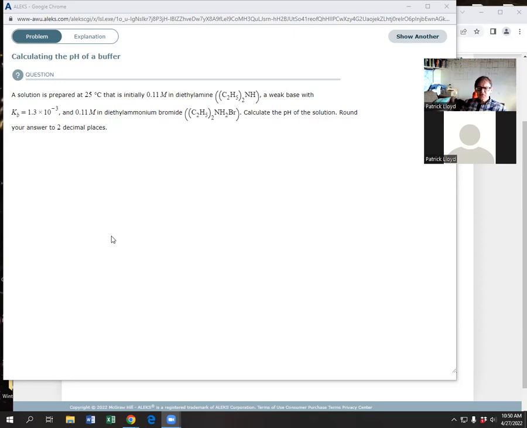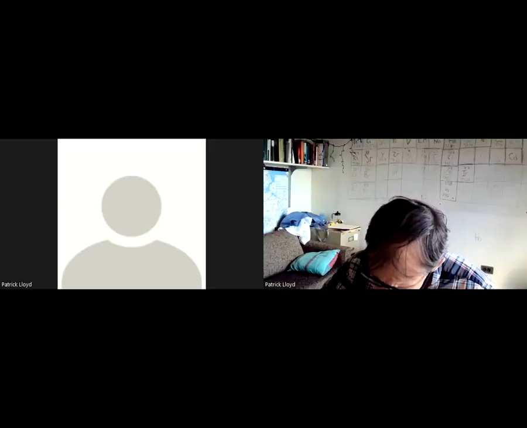So let's go through this one and I'll show you how we identify what's going on. The most difficult part of this problem is just identifying what's what. They tell you you have 0.11 molar diethylamine, (C2H5)2NH.